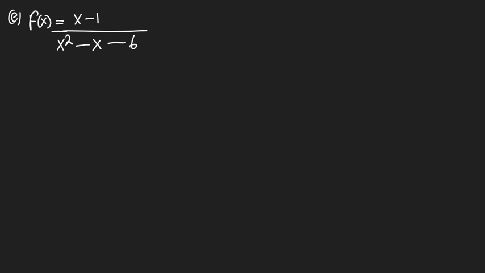So the first thing you do, you find your vertical and horizontal asymptotes. The same thing. Your vertical asymptote is found when you get what is in the denominator and equate it to 0.